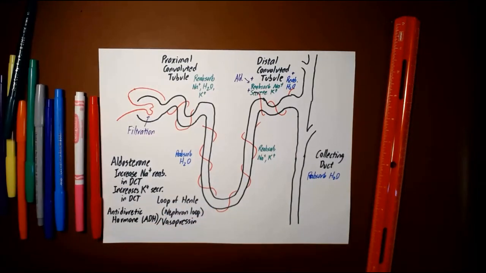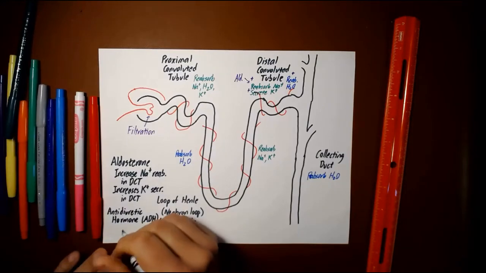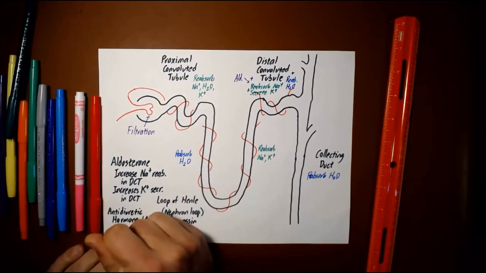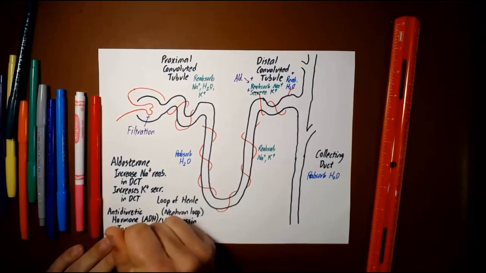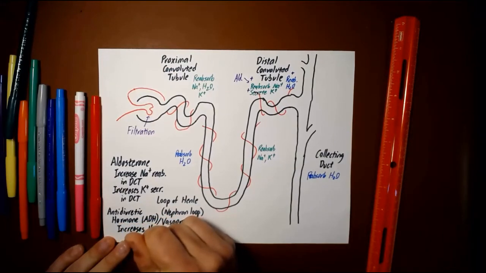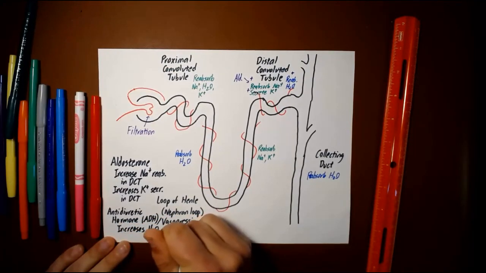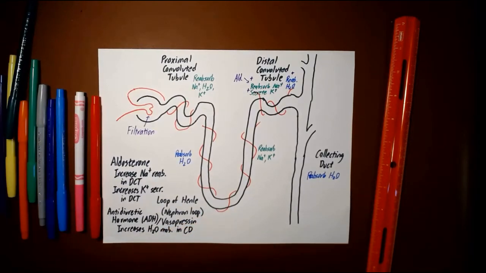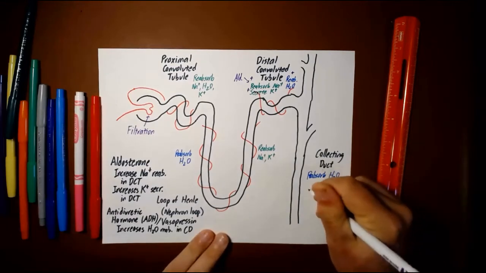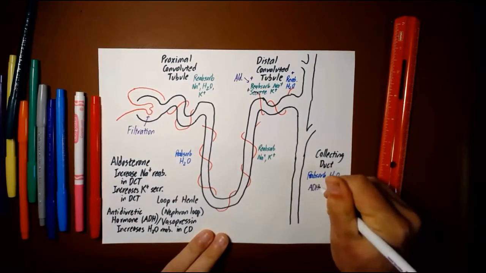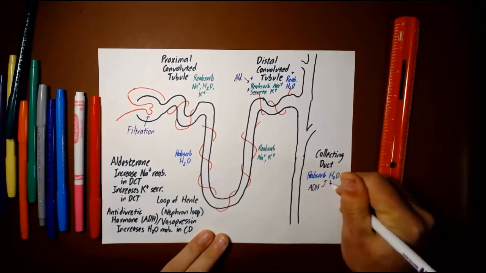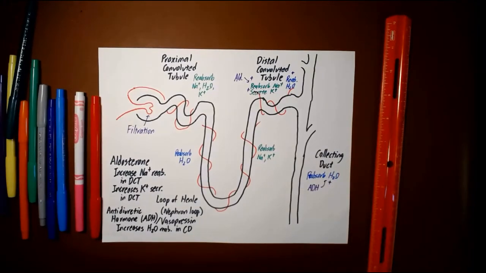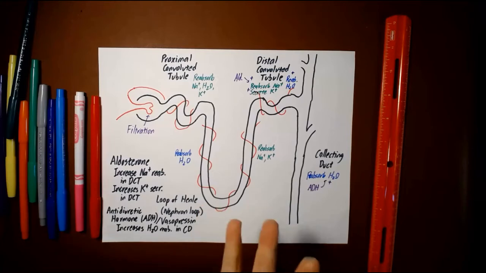Antidiuretic hormone increases the amount of water reabsorption in the collecting duct. So this increases water reabsorption in the collecting duct. So over here we'll say that ADH, or vasopressin, increases that function.